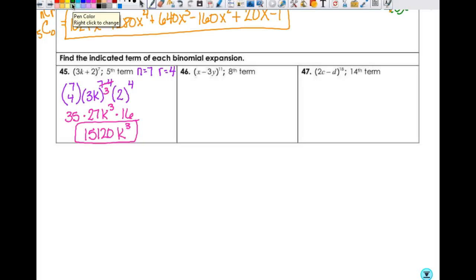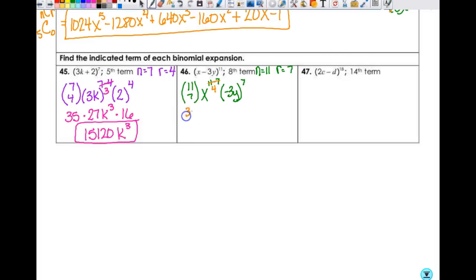Number 46. I want the 8th term. n is equal to 11. r will be equal to 7. So I need a combination of 11, 7. I'm going to take x to the 11 minus 7 power times a negative 3y to the 7th power. So this is really 4 right there, right? So do the combination of 11 and 7.